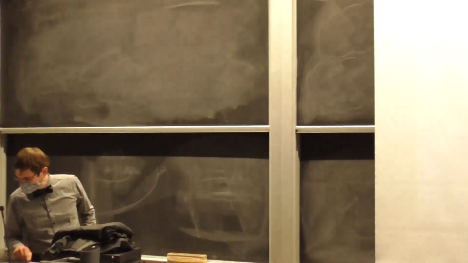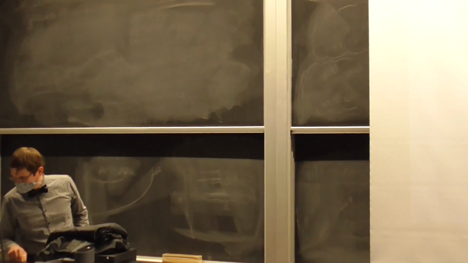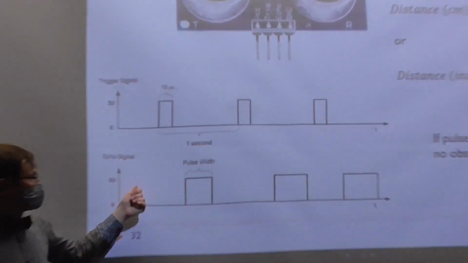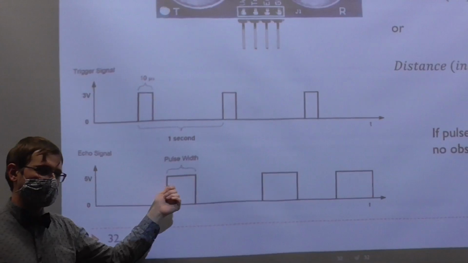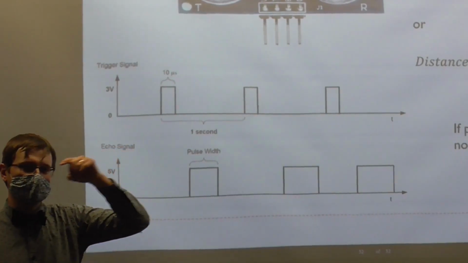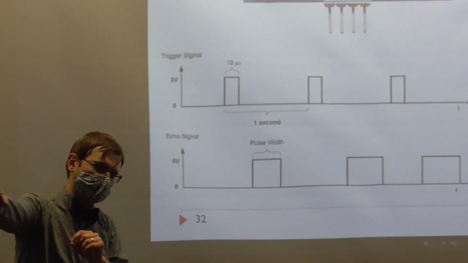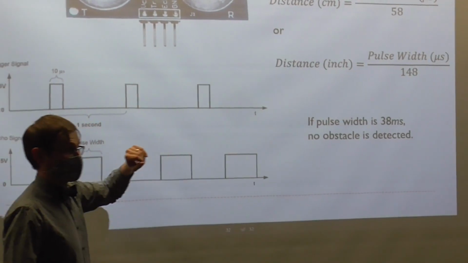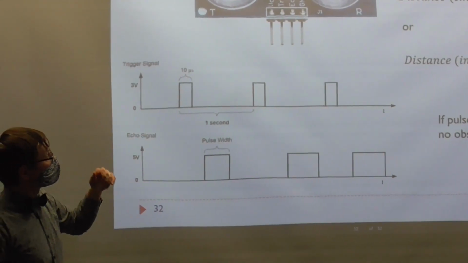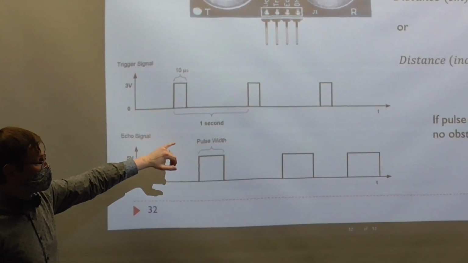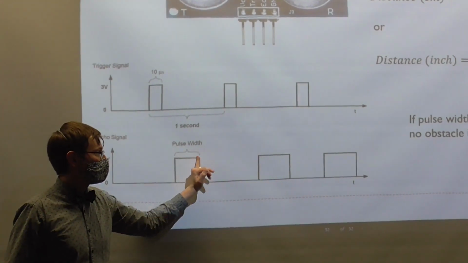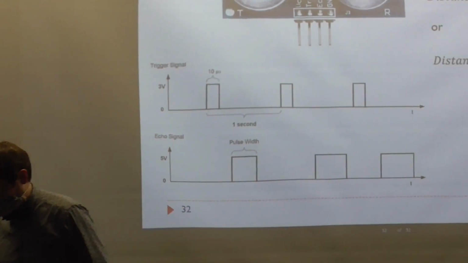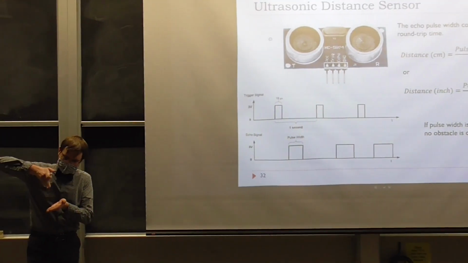The pulse width of the echo signal here is going to be proportional to the distance you are from the obstacle, according to the formula that was derived on the previous slide. So we trigger the pulse, we send it, and then we receive it back. And through that process, you can get the exact distance.